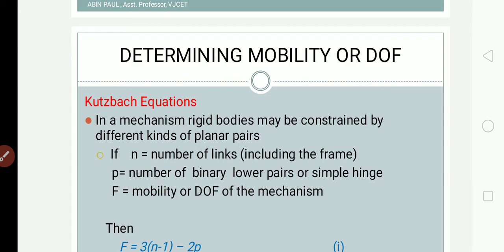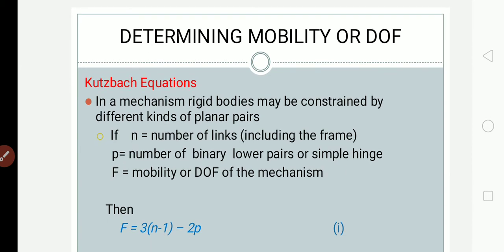When we place that link on a particular surface and constrain its motion to move only along the surface, the degree of freedom is reduced to 3. That means it can move horizontally along the surface, or vertically along the surface, or swing over the surface. So the degree of freedom has been reduced to 3.